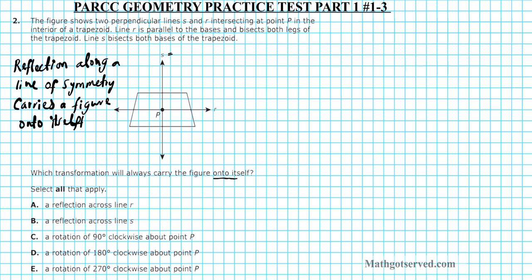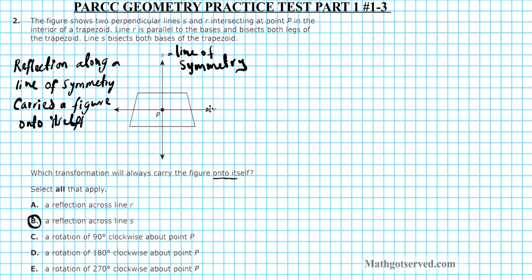Line S is a line of symmetry. So what does that mean? If you reflect along that line, this figure will be carried onto itself. So what happens when you reflect along the line S? This portion right here gets reflected there, this gets reflected there. So let's look at the options that we have. A reflection along line S. This certainly is an answer.